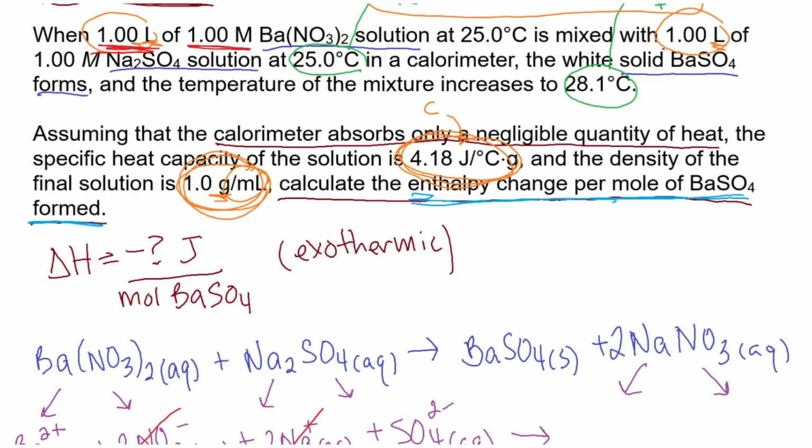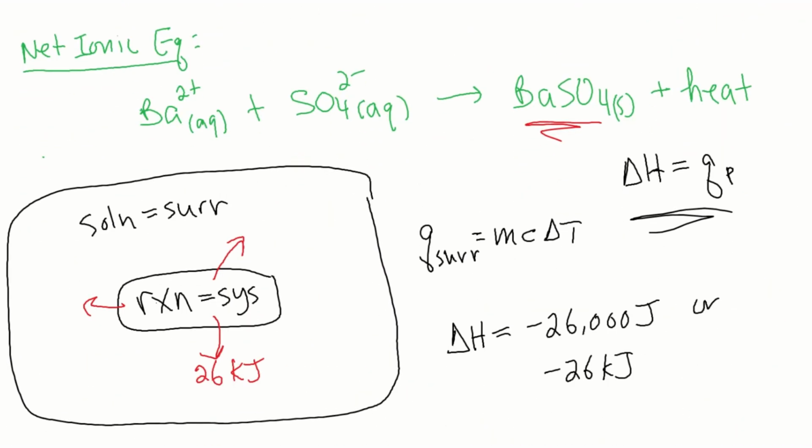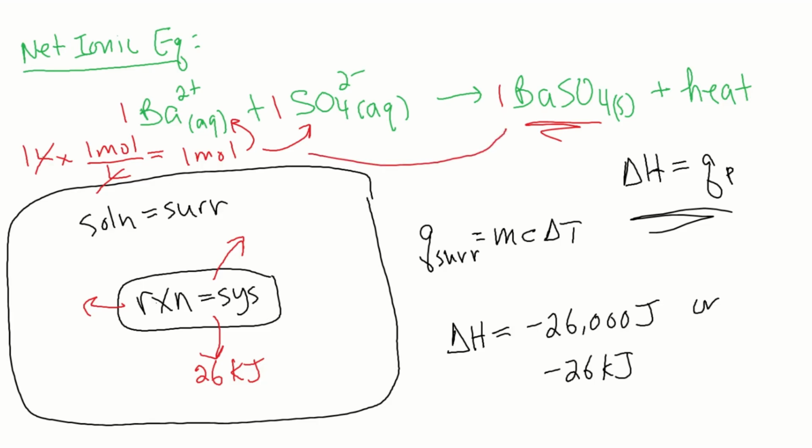We're told that we have 1 liter of a 1 molar solution of each of the reactants. So that means we just have 1 mole of each of the reactants. And because these are 1 to 1 to 1 mole ratios, we also have 1 mole of barium sulfate.